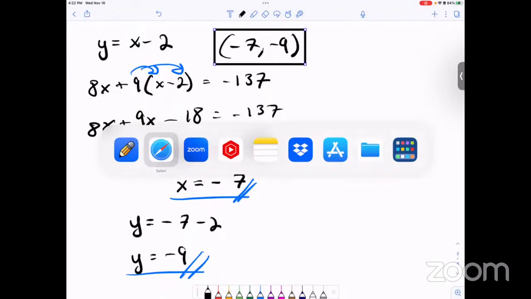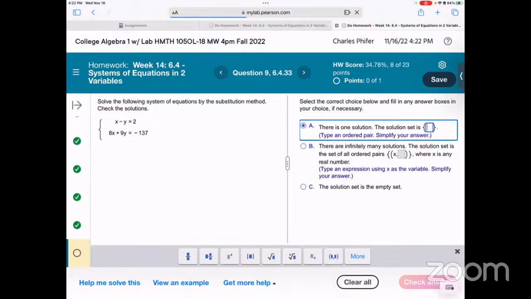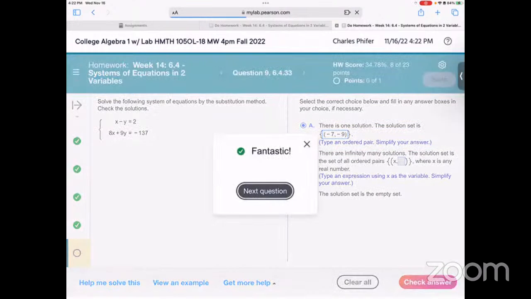This one. Parentheses. Negative 7, comma, negative 9. Okay.